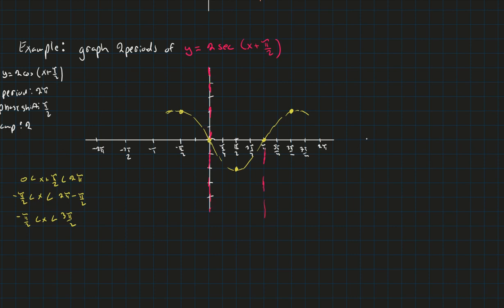Right over here is the asymptote. And then we can finish to make this graph right here. And then right here. There it is. There we go. This is our graph of 2 secant of x plus pi over 2. And we're done.